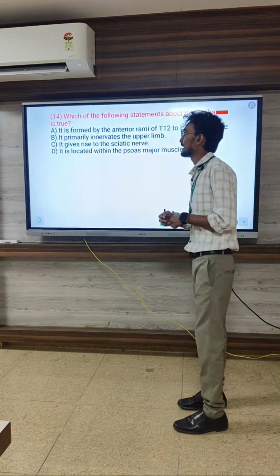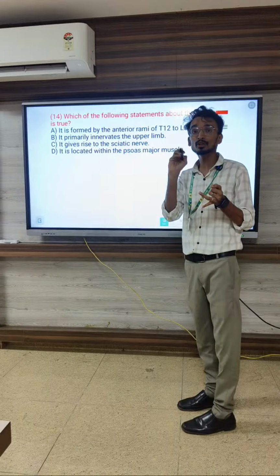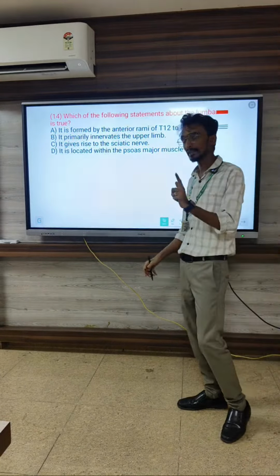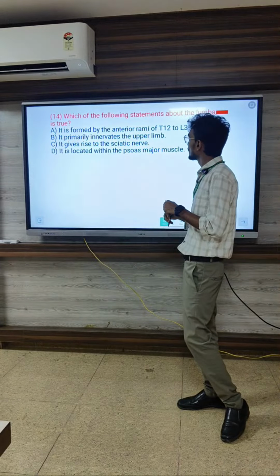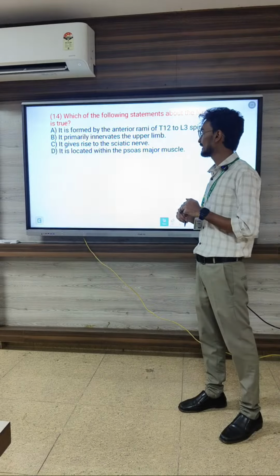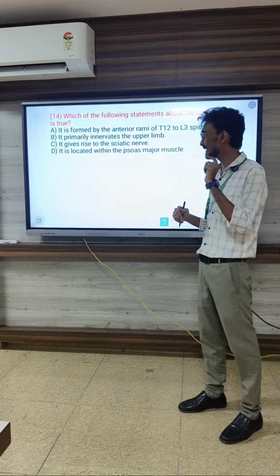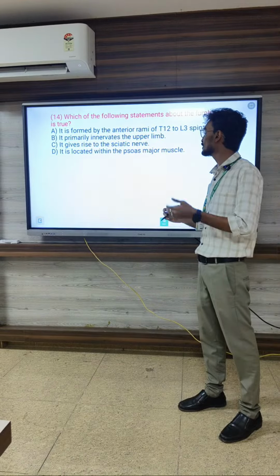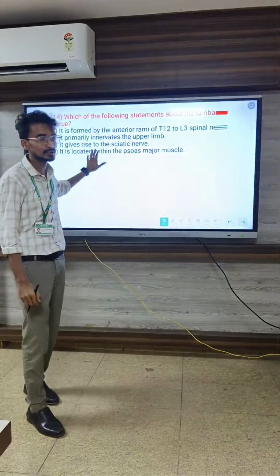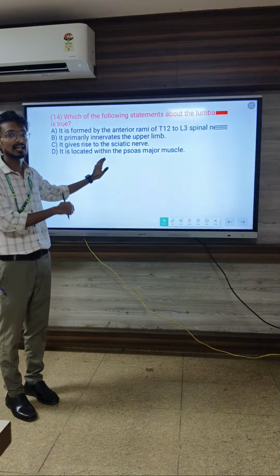Option A, it is formed by the anterior rami of T12 to L3 spinal nerves. Option B, it primarily innervates the upper limb. Option C, it gives rise to the sciatic nerve. And option D, it is located within the psoas major muscle. Which statement among these four options is incorrect about the lumbar plexus? Have a glance, we'll be back.